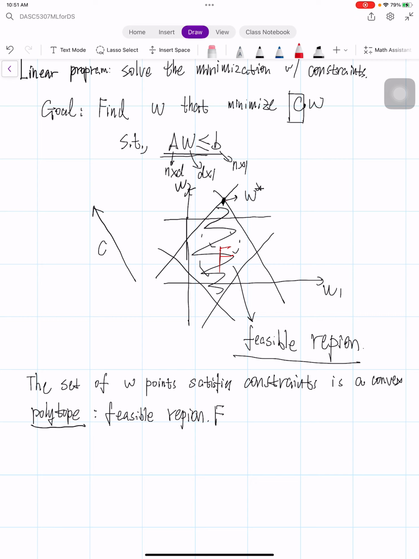And the optimum point is a point in F that is furthest in the direction c.